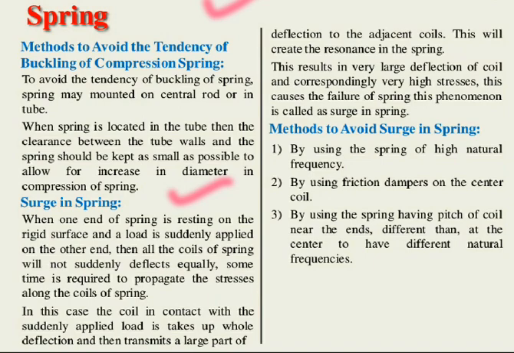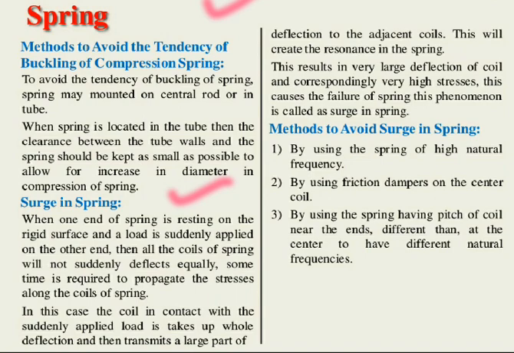In this case, the coil in contact with the suddenly applied load takes up the whole deflection. That means where the load is applied, that side takes the whole deflection and then transmits a larger part of the deflection to the adjacent coil, and so on. This creates resonance in the spring.